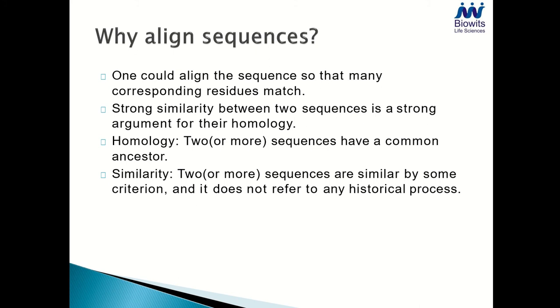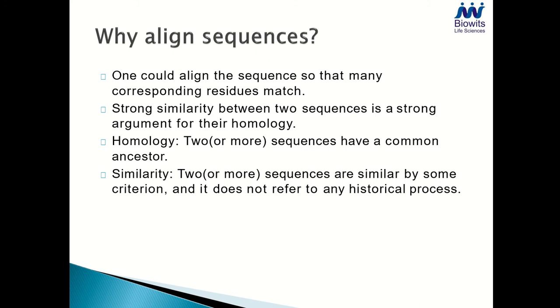Okay, number one, that is for us to understand how this particular alignment is important, because we want to see the corresponding residues, no? Another one is that strong similarity between two sequences is a strong argument for their homology. Okay? So as we said, we want to see the resemblance. So of course, there are two sequences.